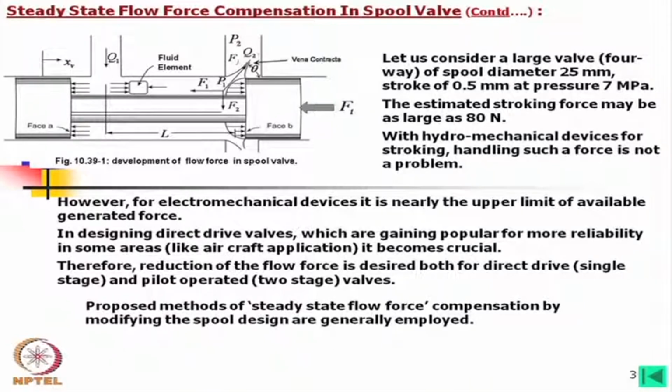Now, proposed methods of steady state flow force compensation by modifying the spool design are generally employed. Okay. So, one is that we can modify the design of such a spool as well as maybe the sleeve, because this is not the direct body of the valve, usually this will be a sleeve.